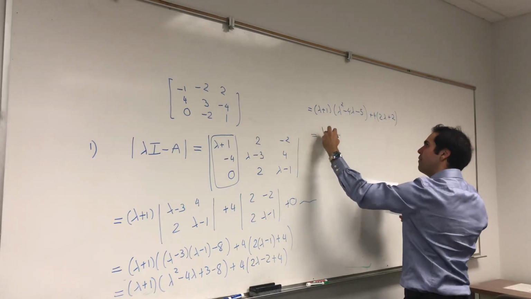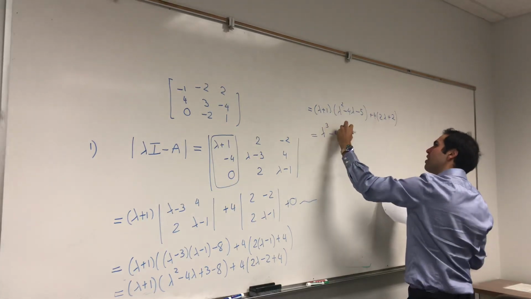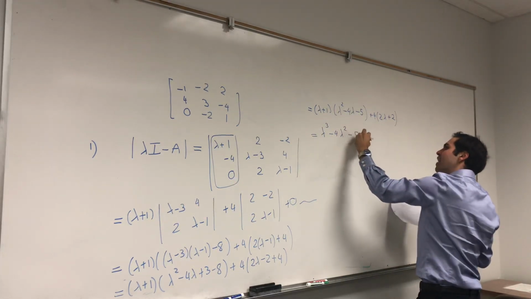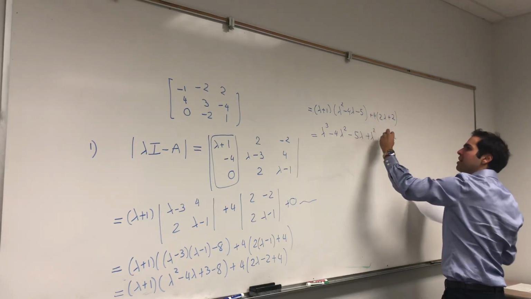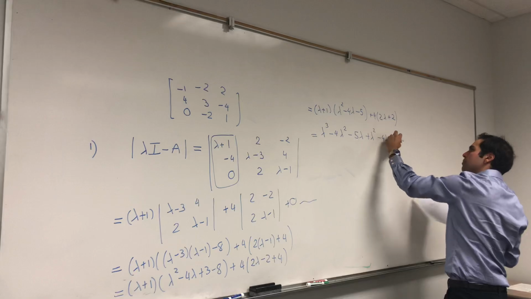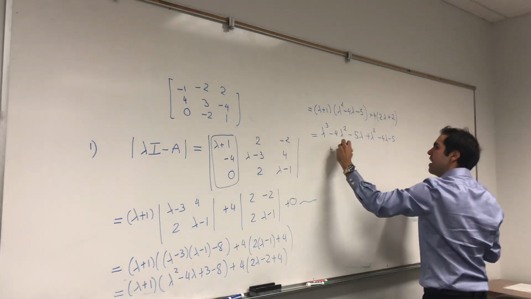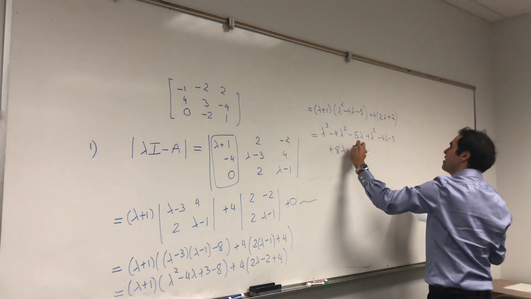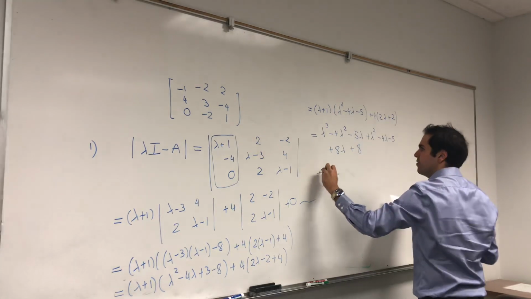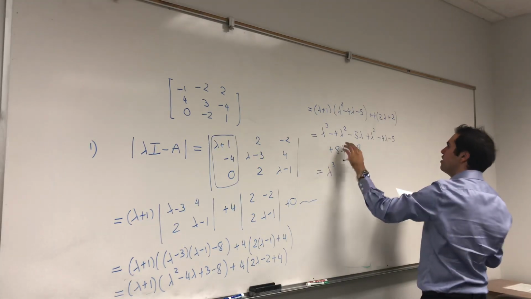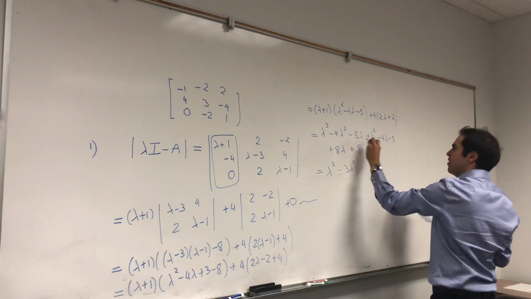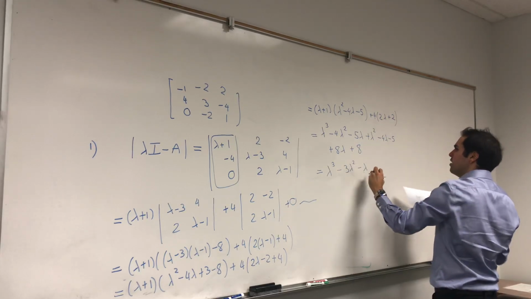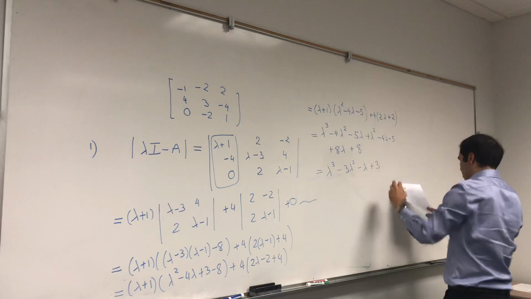So you would get lambda cubed minus 4 lambda squared minus 5 lambda plus lambda squared minus 4 lambda minus 5 plus 8 lambda plus 8. And this simplifies to lambda cubed minus 3 lambda squared, and I think minus lambda and plus 3.